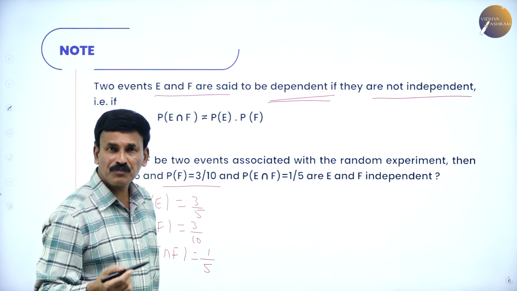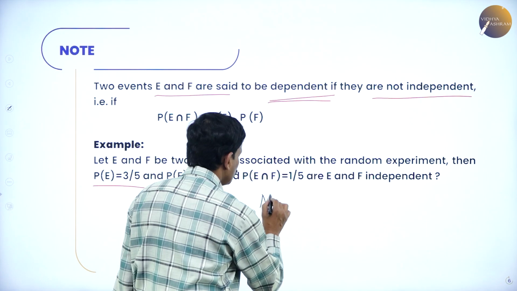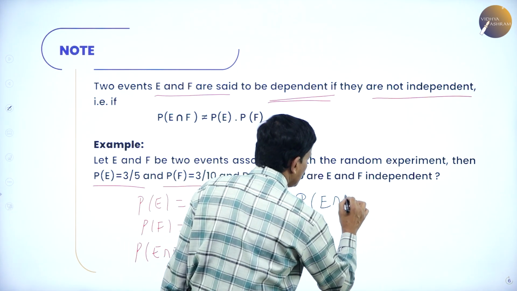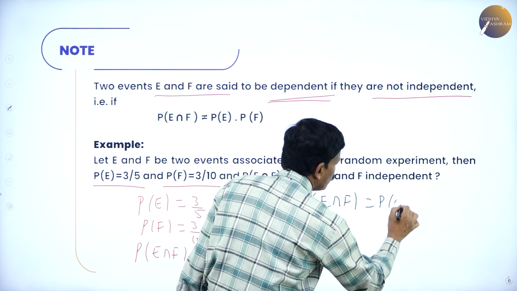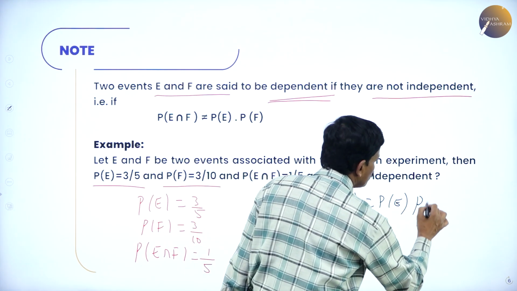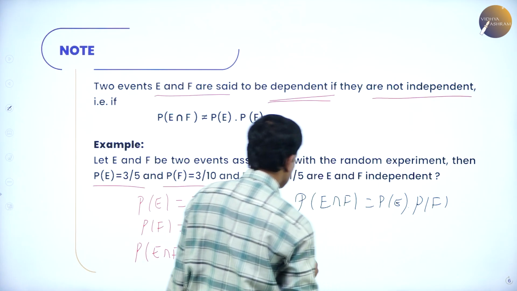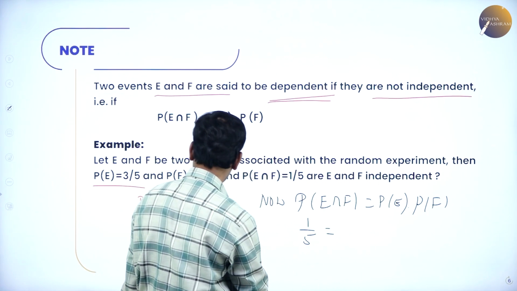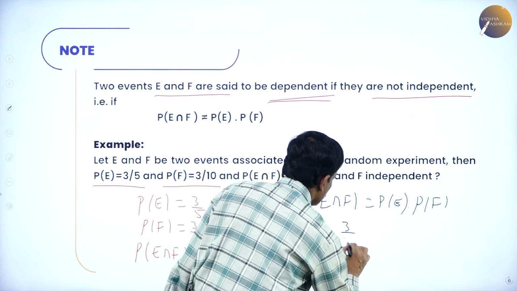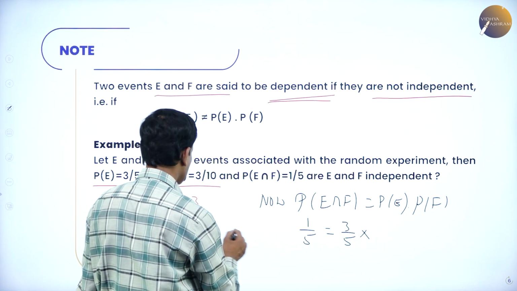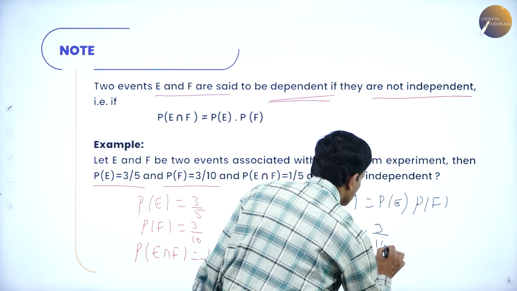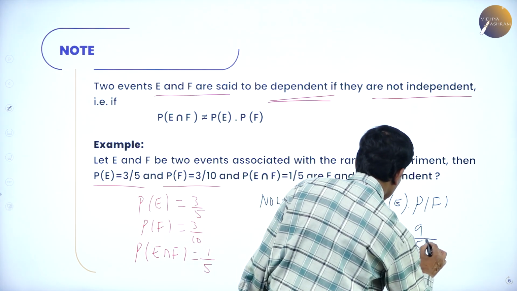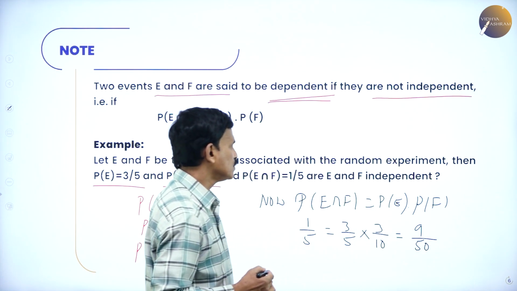Now let us write down the formula. Now we know this, probability of E and F is equal to probability of E into probability of F. Now what is E and F? This is given 1 over 5 is equal to probability of E, 3 by 5, into probability of F, 3 by 10. So this is equal to 3 3s are 9 divided by 50, 9 by 50.